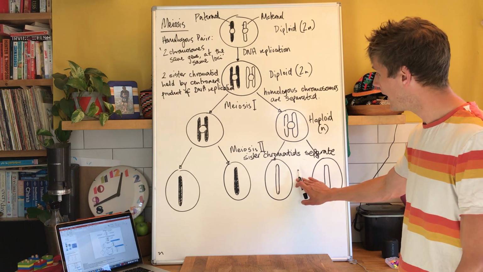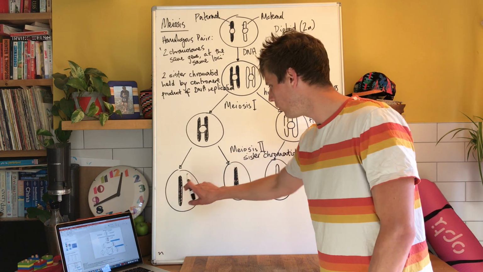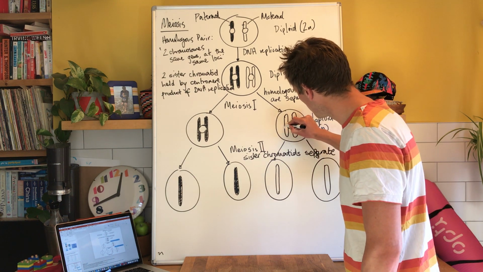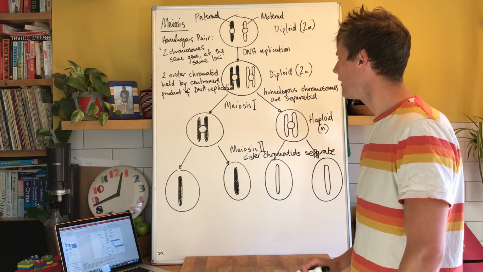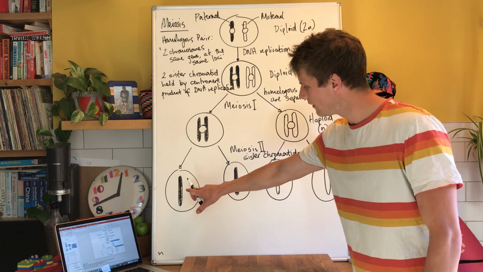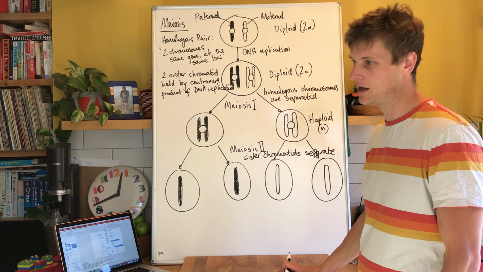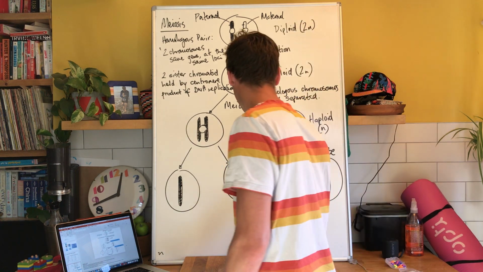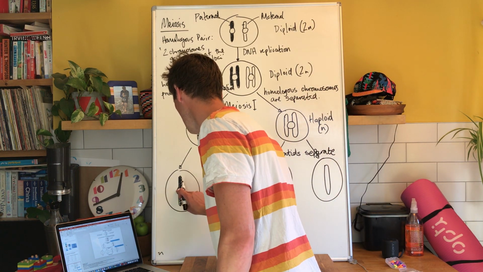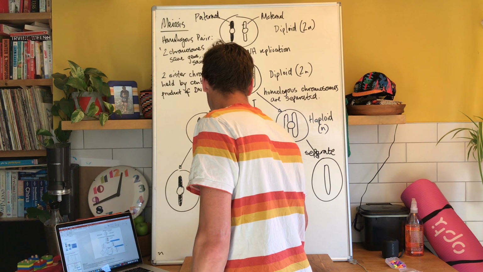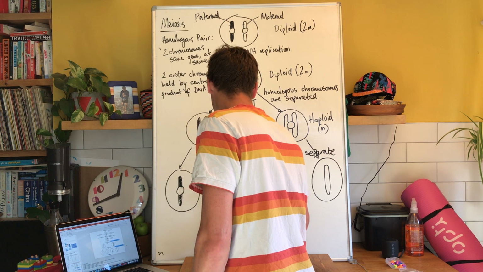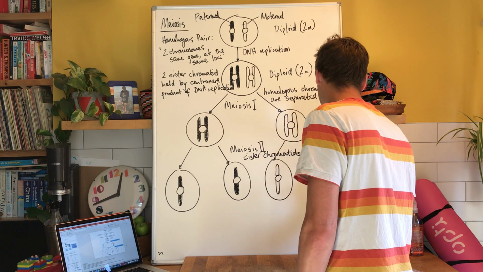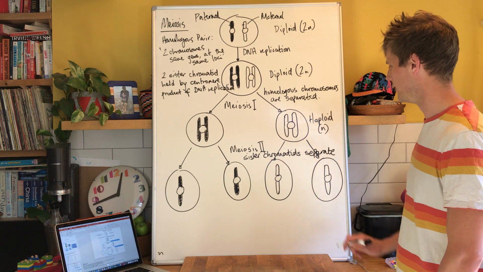These cells are still haploid because they still have one copy of each of the chromosomes, just as these ones do. This has one of each of the chromosomes from the homologous pair. This has one of each of the chromosomes from the homologous pair. It's just now they're not held together as sister chromatids. They've been separated. If you want to, you can add centromeres to each of those, and you'll see in each of those cells there's just a single centromere.